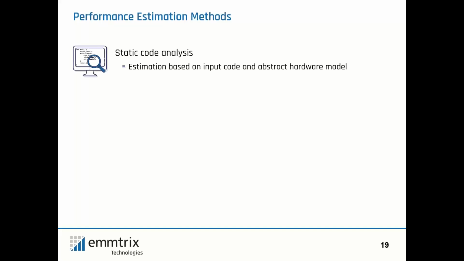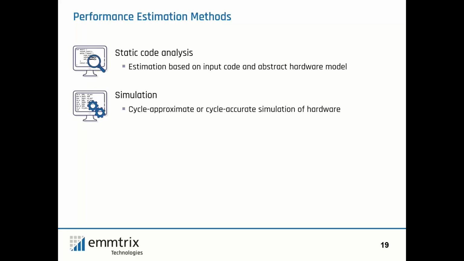The simplest case, which I showed you in the first example with Parallel Studio, is static code analysis. There the estimation is based on the input code and an abstract hardware model. In our case, it is based on the C code and not on how the code is run on the target. Then there is simulation. You can use a simulator, which must be a cycle approximate or cycle accurate simulation of the hardware, trace the simulation, and assign the tasks the runtimes calculated by the simulator.